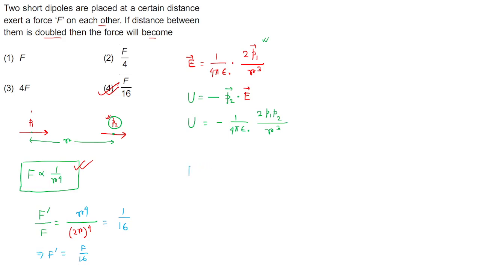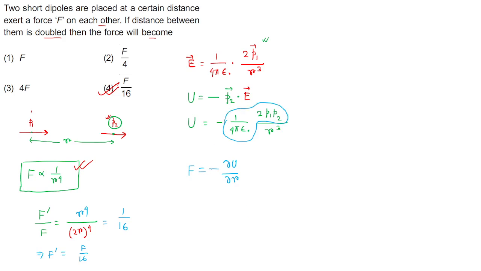We can write the relation between force and potential energy as F equals minus del U del R. It is the partial derivative of the potential energy with respect to the position vector R. So here we have U and we have to take the derivative with respect to R. This part is completely a constant.